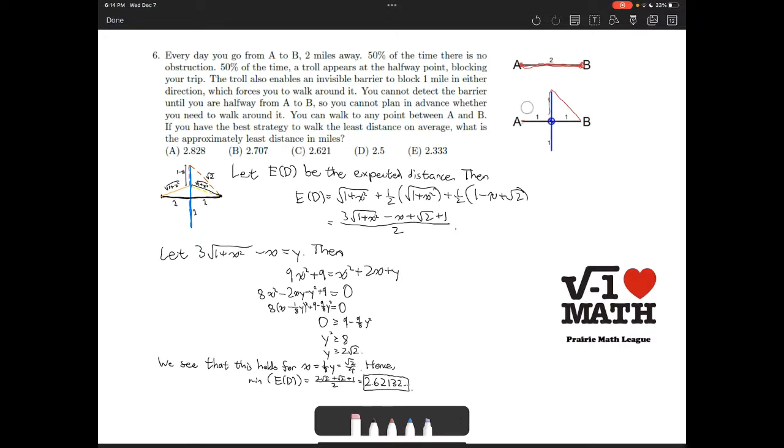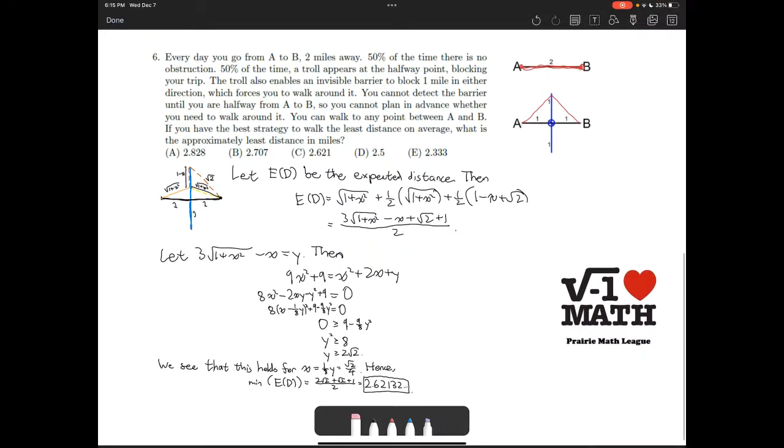We can do better. The other extreme would be to go here every day and be paranoid of the troll, so no matter what, you're following this path every day. And if there was no troll, then you've just wasted a lot. So we don't want this either.